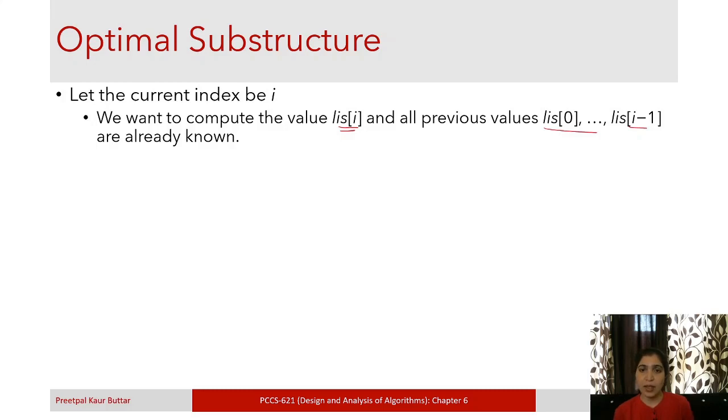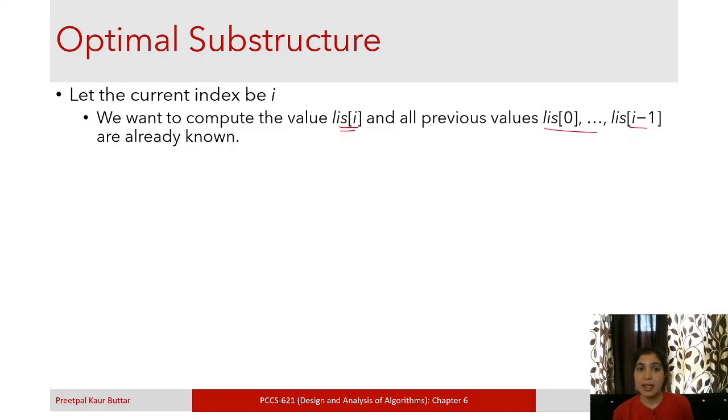So here we see that there is a set of subproblems. You have subproblem LIS[0], then LIS[1], LIS[2] and so on till LIS[i] if you are talking about index i. And the last subproblem will be LIS[n-1], that is for the last index. So subproblems are there.